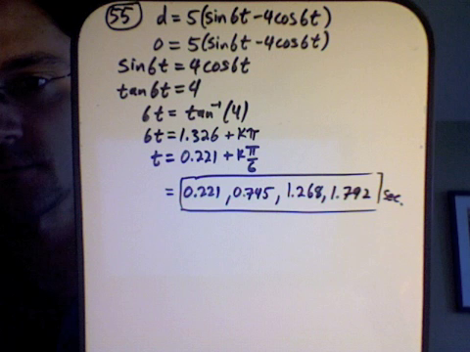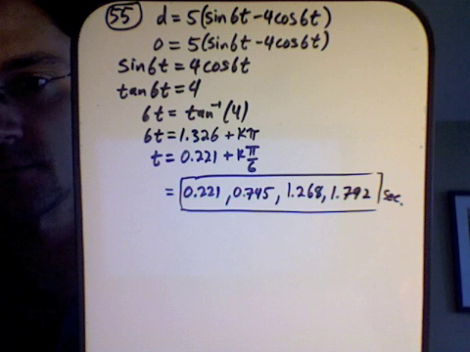And lastly, number 55. We're given the equation d as a function of t to describe the distance. We know that the distance has to be 0, and we're looking for the time. Well, 5 can't be 0, so it must be that the thing in brackets is 0. Putting the sine on one side and the cosine on the other side, and then dividing both sides by the cosine, we end up that tangent of 6t has to be 4, because sine of 6t over cosine of 6t is tan of 6t.